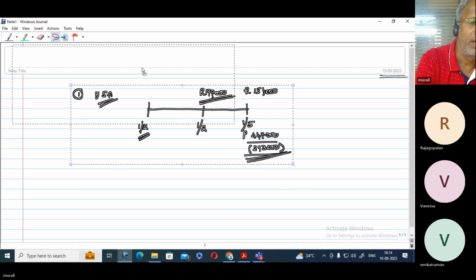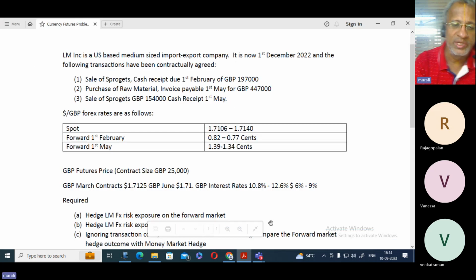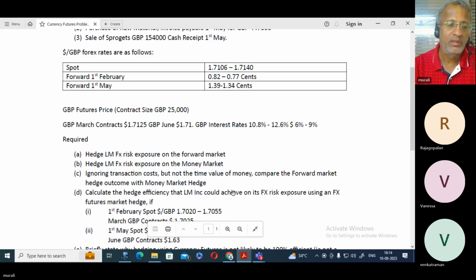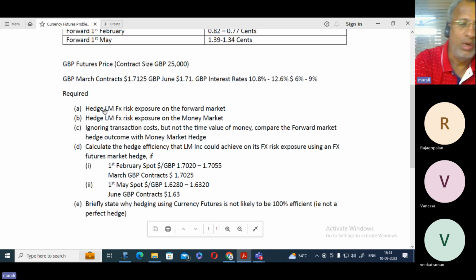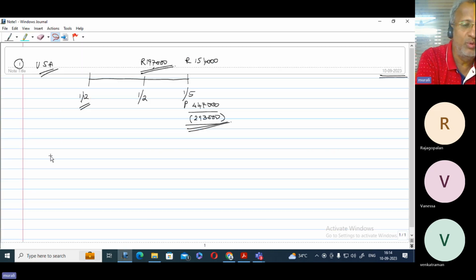Now the question is very clear regarding how you will do that on a forward hedge for both. Under examination conditions, if a question is asked like that, you do it column wise, I mean simultaneously. 1st of February, 1st of May.